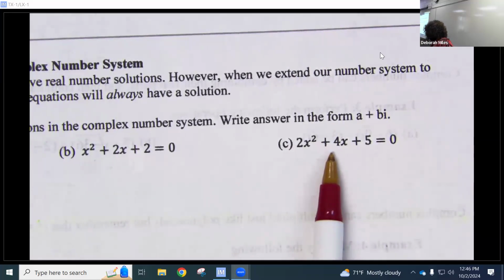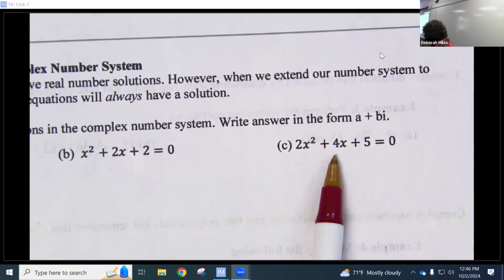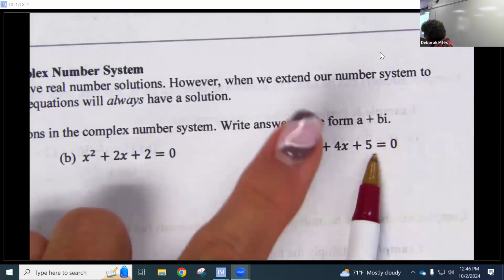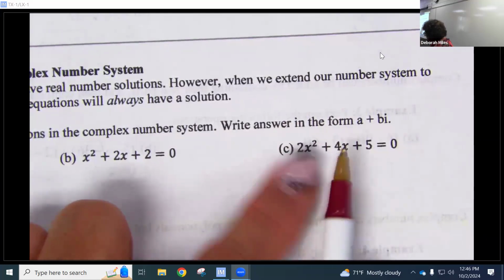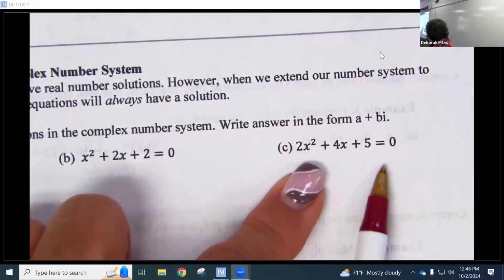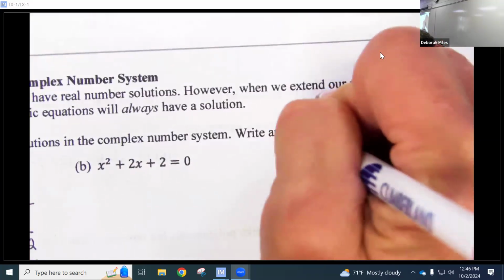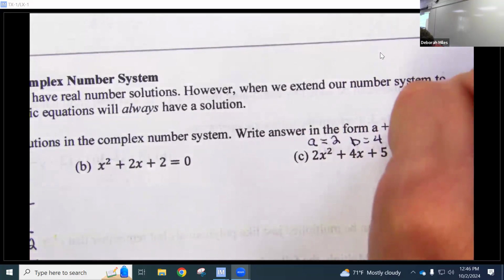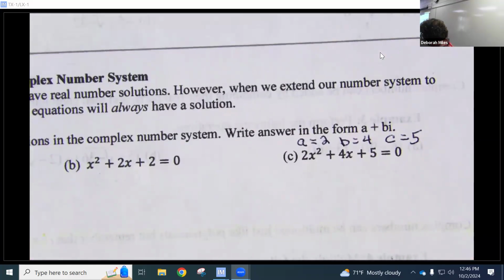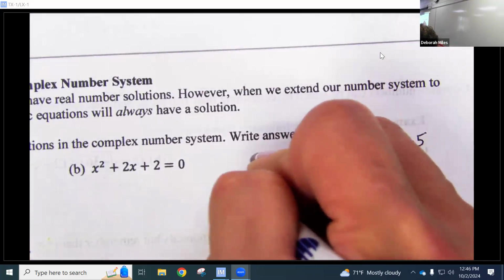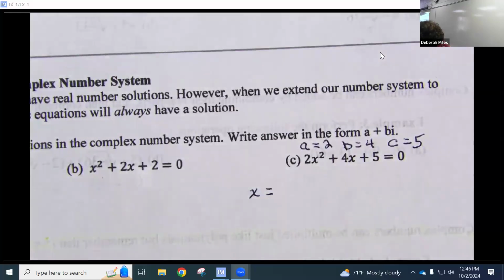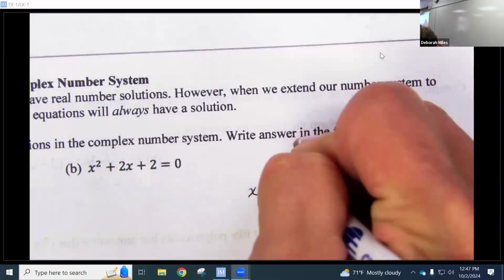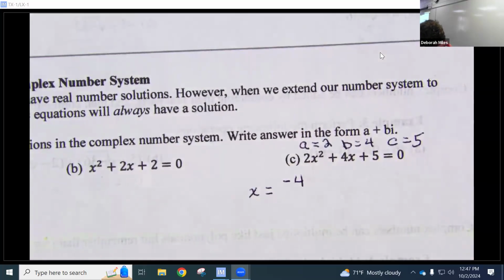It's already in the form of a quadratic equation. There are no factors of 10 that have a sum of 4. That tells me it won't factor. I'm going to use the quadratic formula where A is 2, B is 4, and C is 5. x equals the opposite of B. Make sure you get this memorized correctly.